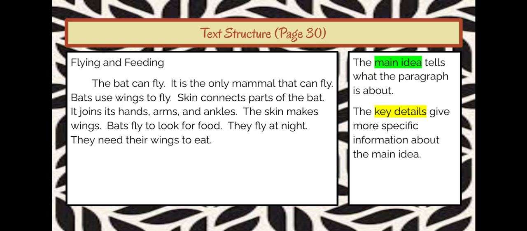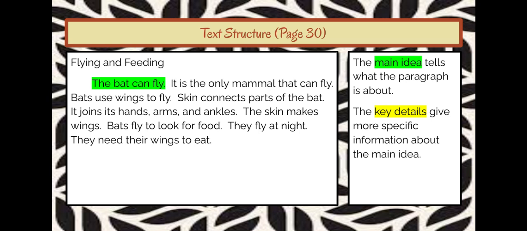Which sentence tells what all the sentences in the paragraph are about? The bat can fly. That is the main idea. Please highlight that sentence in green. Which sentences support or tell more about the main idea?